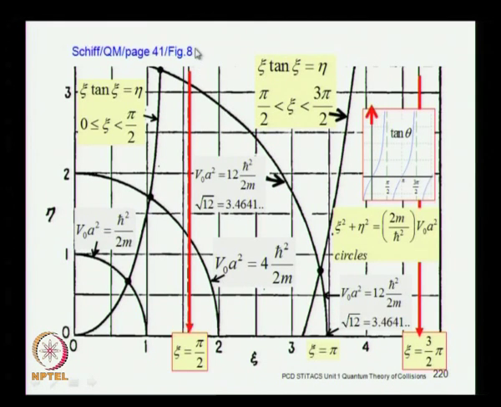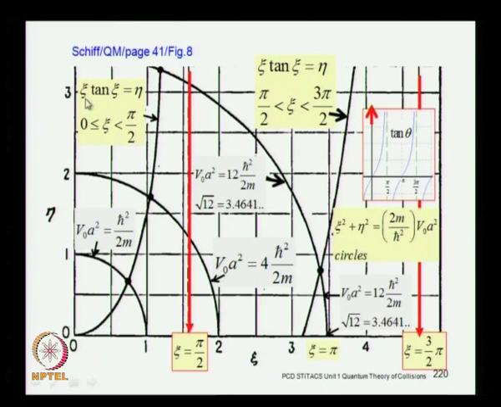This is straight out of Schiff's book, and you will get solutions whenever these circles intersect the relationship eta equal to xi tan xi. Now, this is how the tan theta figure looks, and if you multiply tan theta by theta, you get xi tan xi.